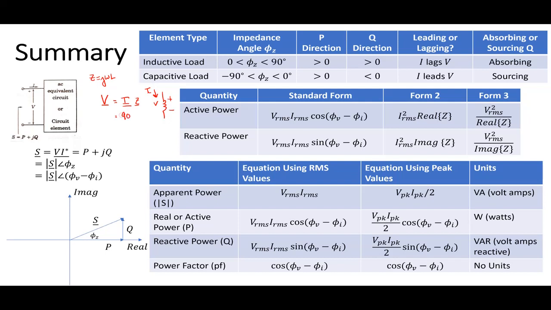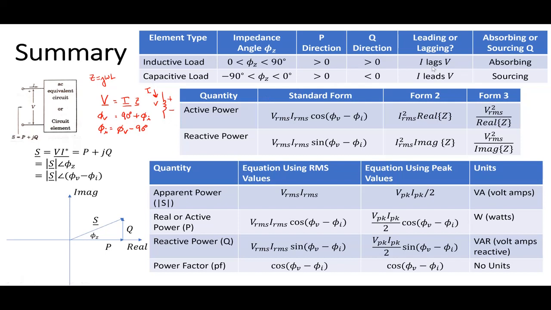So I have 90 degrees plus angle I equals angle V. So the angle I is equal to the angle of the voltage minus 90 degrees. So in other words, I is 90 degrees behind the voltage, or I is lagging V.